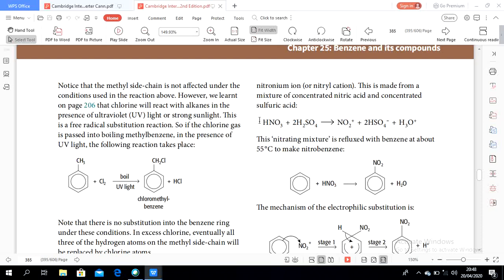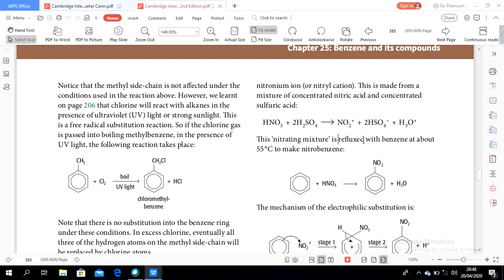This is the process just like before. The nitrating is under reflux. So the process is reflux with benzene at about 55 degrees Celsius. In the previous textbook, the temperature is less than 55. What does it mean? The other textbook explains that it has to be under reflux.